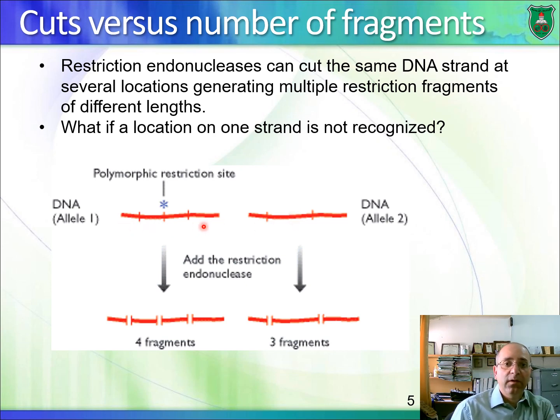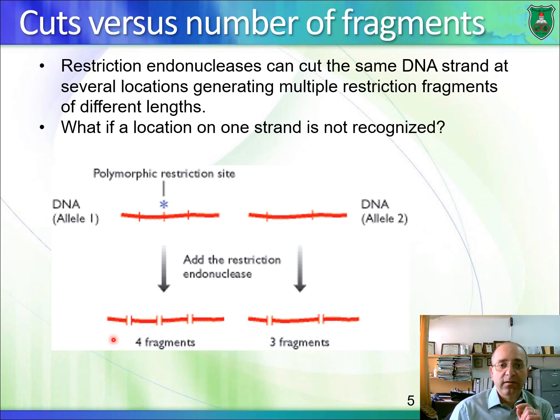So this chromosome of that person would generate 4 DNA fragments. And for the other chromosome, the restriction endonuclease would generate 3 fragments. Okay, so in total, the person would generate 7 fragments.